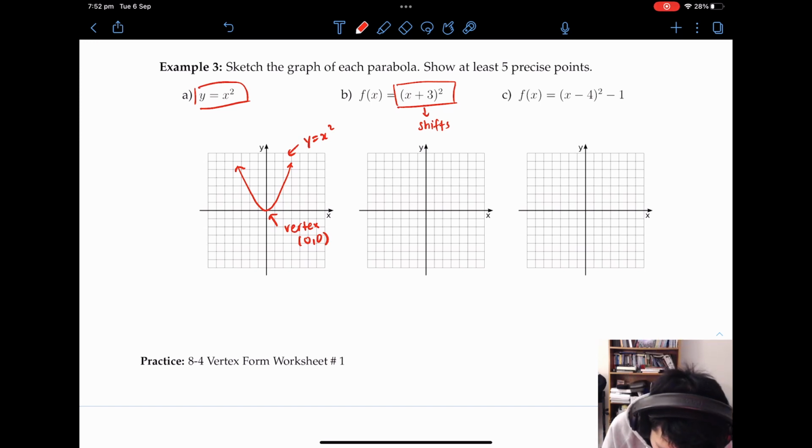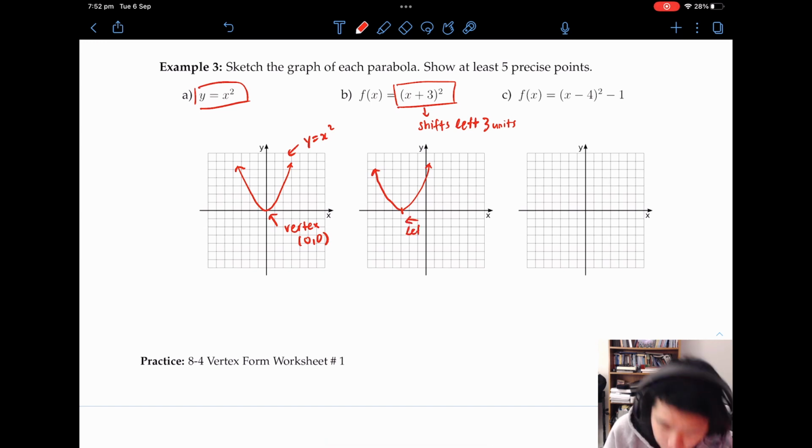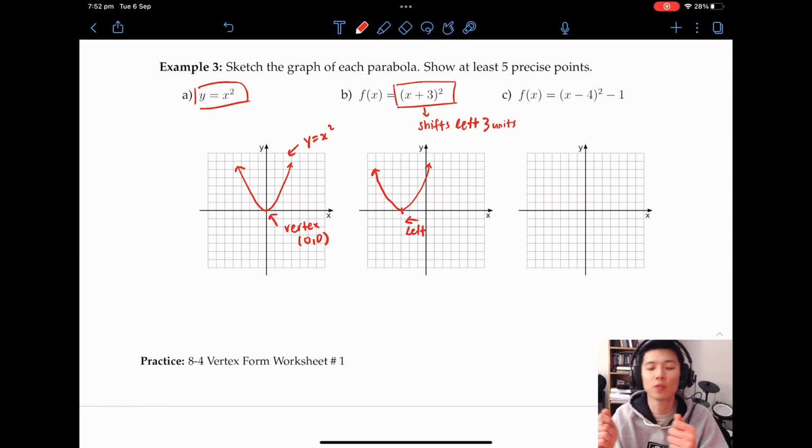Shifts left. By how many units? Well, 3 units. And so the parabola looks something like this. It's shifted left 3 units. So it's as if I picked up the normal parabola and shifted it left 3 units. That's what I've done.